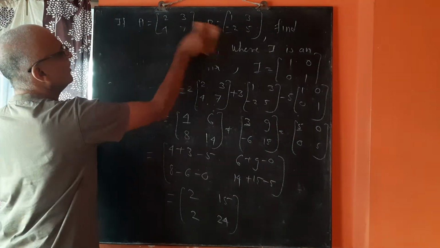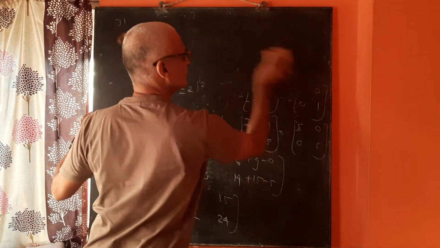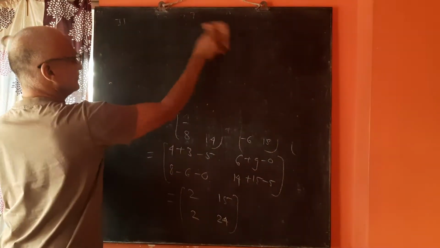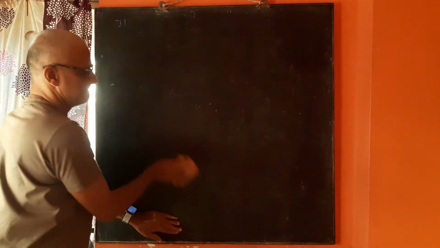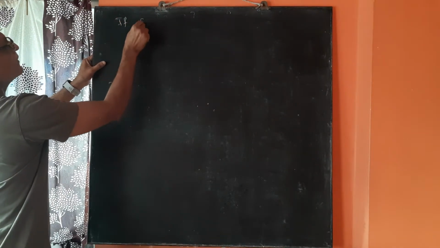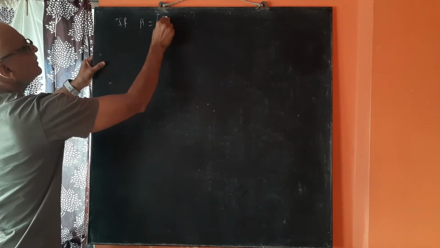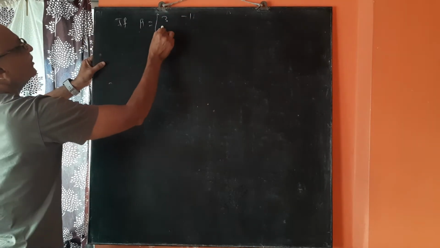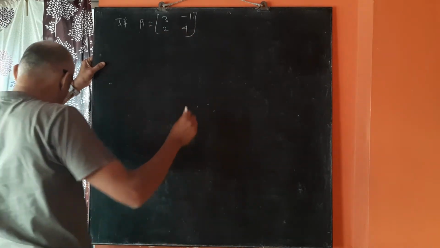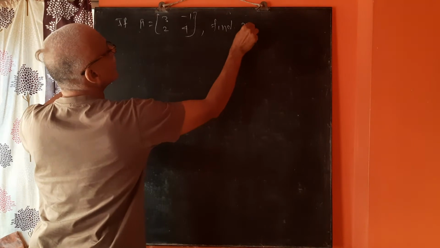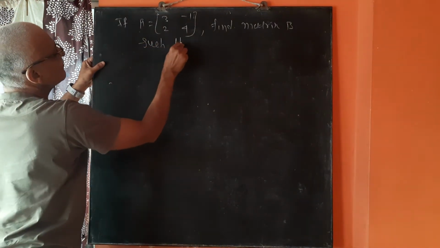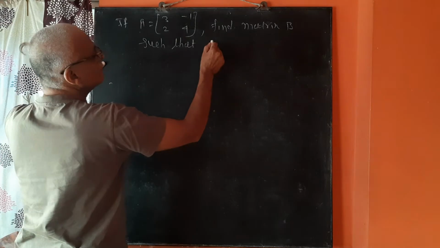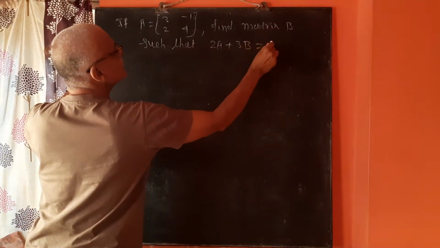The next example on that type is: if A equals the matrix of 3, minus 1, 2, 4, find matrix B such that 2A plus 3B is equal to 0.